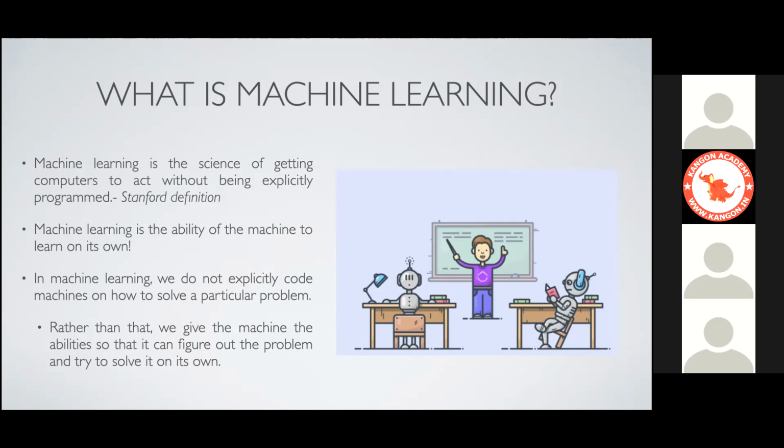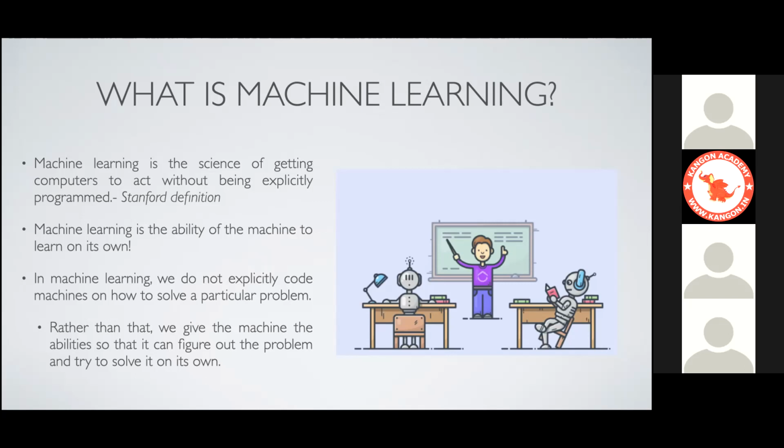And learning the process on its own is not enough. It has to understand the whole process in the best way possible. So in machine learning, we do not explicitly code the machine. We do not write the whole process for the machine. Rather, we give the machine the abilities so that it can figure out the problem and try to solve it on its own.